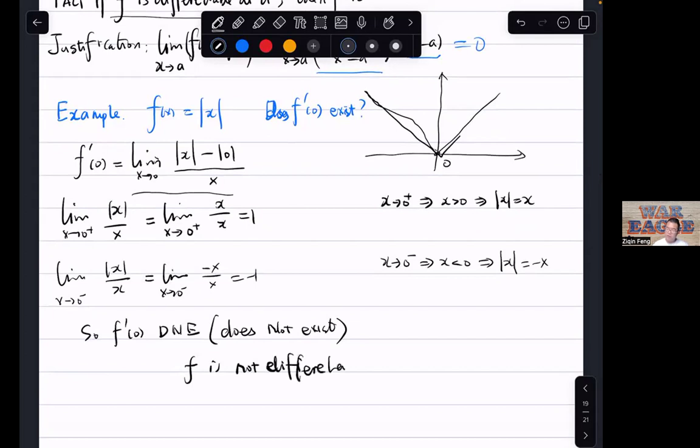Also, if a function is not continuous, for example if you have a hole or a gap, or sometimes a vertical tangent line, the function is not differentiable. So that's when the function is not differentiable.